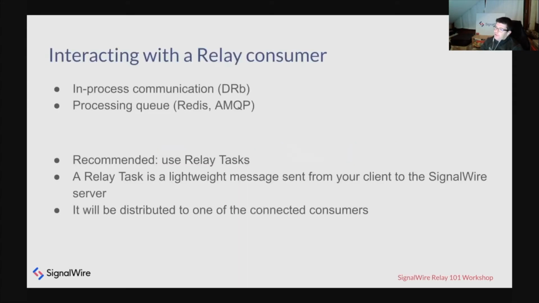The answer is that there are a few solutions actually. We offer, spoiler, user-related tasks, but still, you could be doing a couple of other things. You could be using in-process communication, which in Ruby means using DRb, a nifty mechanism that Ruby has for sharing objects in memory and allowing them to call methods on each other.